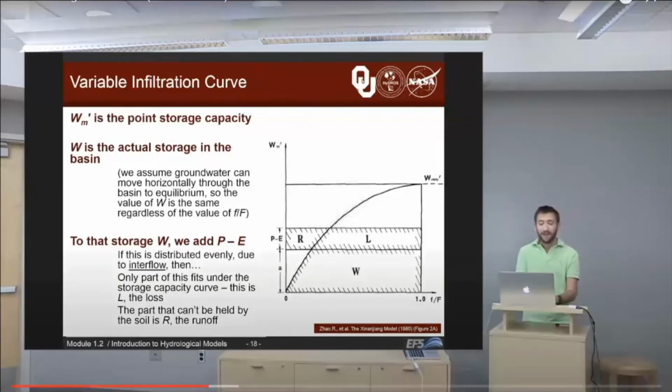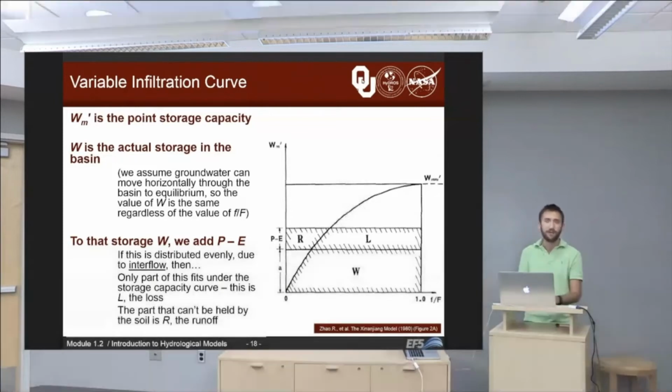That's why the top edge of W is a horizontal line. It's not tilted or slanted or curved at all. So W is always the same regardless of the value of little f over big F.